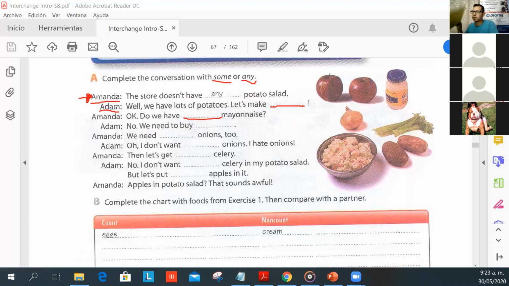So we have a lot of potatoes. No, teacher, some. Teacher, porque lo que están diciendo ahí sale en la imagen, ¿cierto? Yeah, basically, it's in the picture, y ahí se dice si es any o some. Yes. Let's make some.